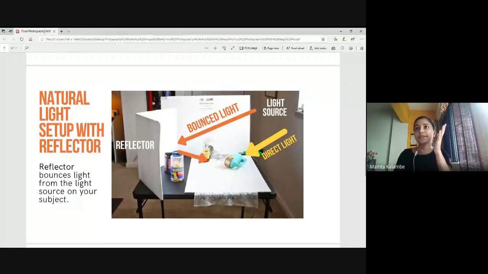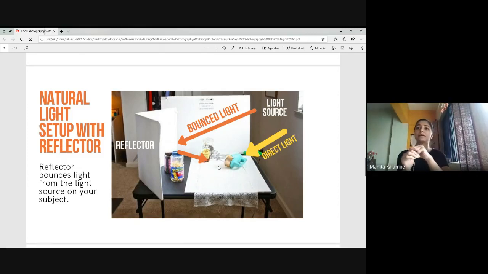So what we do is keep a reflector. A reflector is just a material that reflects the light onto a subject. The light which comes from here bounces on this reflector, and from this reflector it bounces back onto the subject. So this is what is happening.